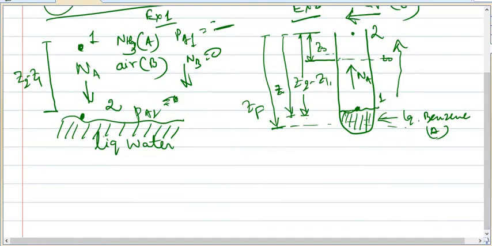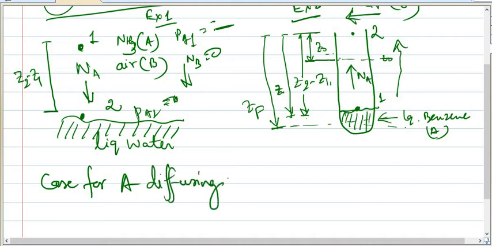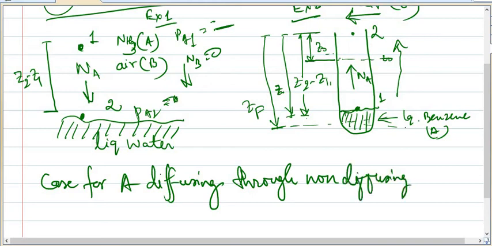We write the case for A diffusing through non-diffusing B, that is NB is 0.